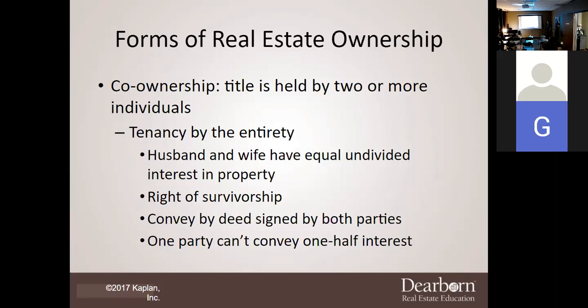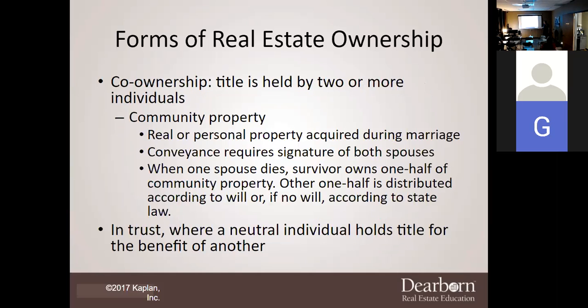If the wife dies, the husband gets it. And it's conveyed by a deed that's signed by both parties. One party can't, however, convey a half interest. So if the wife passes away, she can't have a will that transfers her interest in that property to someone other than her husband. It automatically goes to the husband. That's what right of survivorship means. Right of survivorship means that it conveys to that person. Okay?